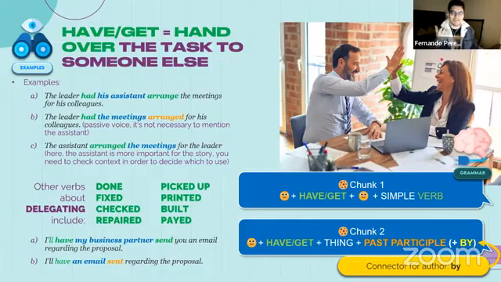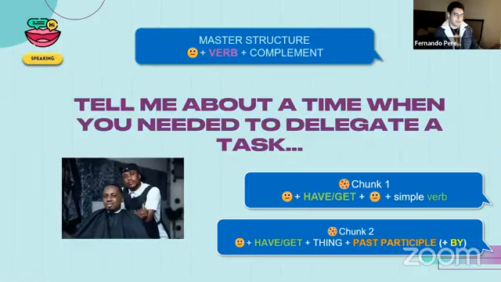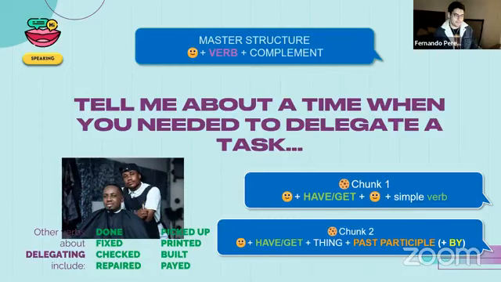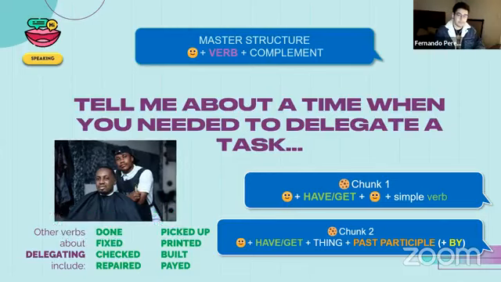For example, when we talked about crime and punishment, we had stolen, robbed, arrested. Think about an example. Let me give you the verbs. Let's start with Brian. Give me an example of a time when you needed to delegate a task.